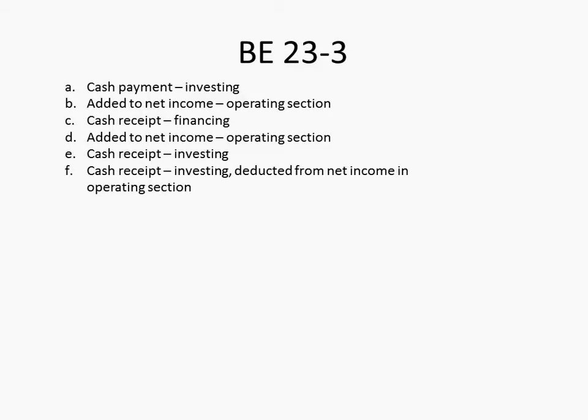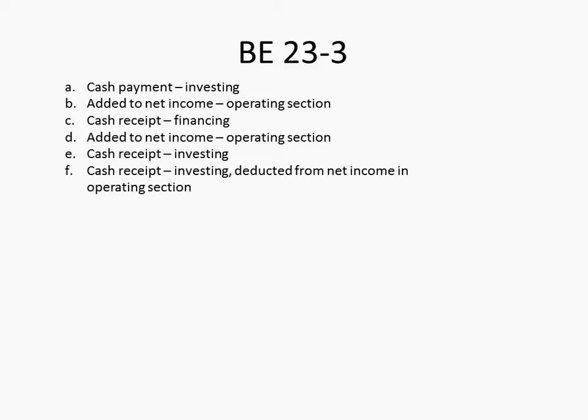You would record the 40, you would add 40 into the operating section. If this is a loss, that would also be added back. The loss, just like depreciation expense, would be added back. If it was a gain, then it would be subtracted.